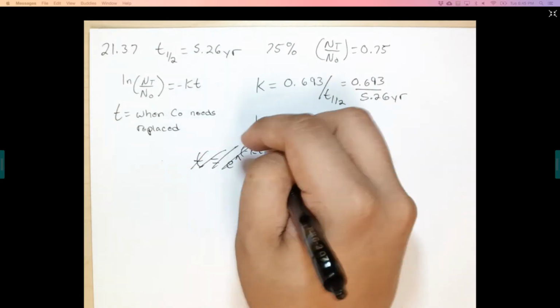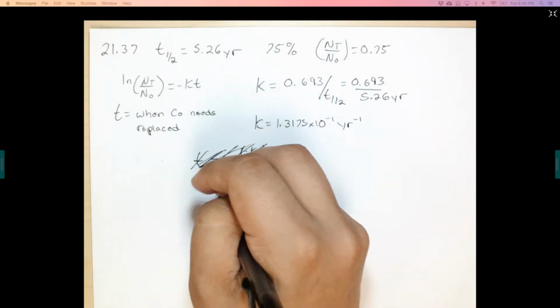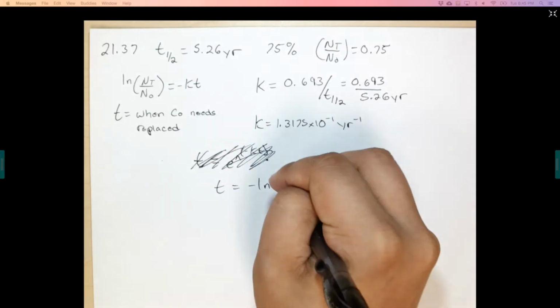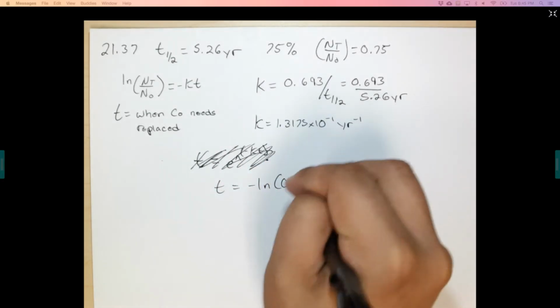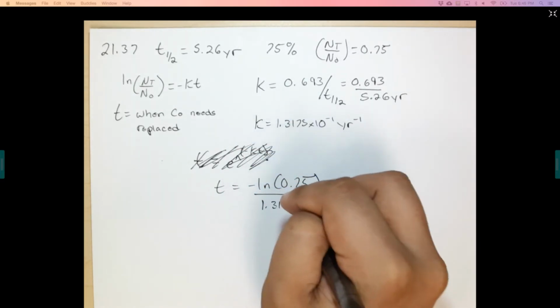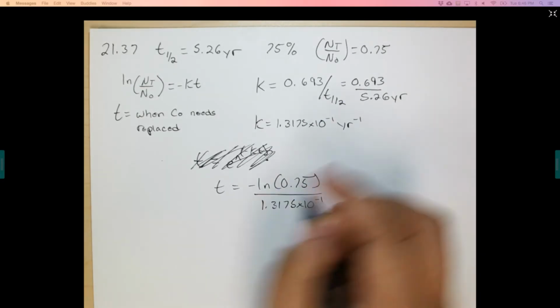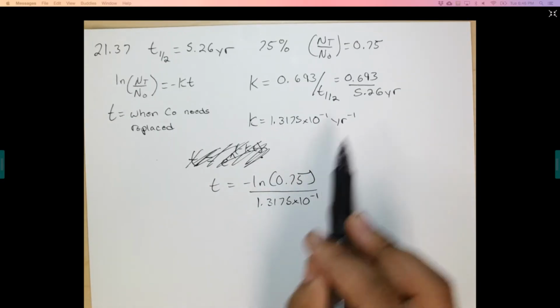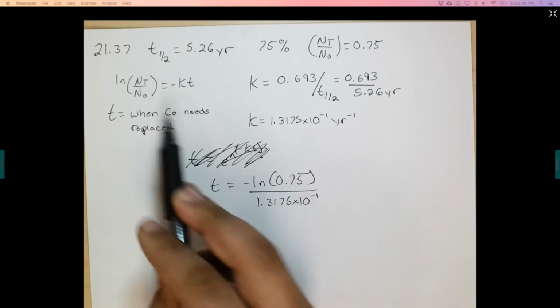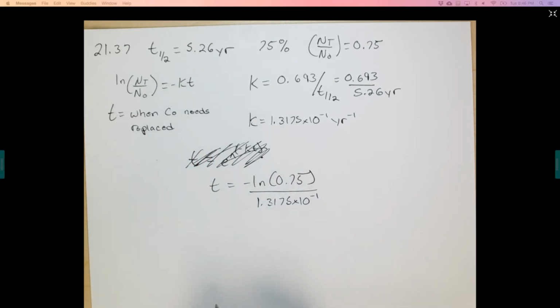Excuse me, I did the math wrong. t is equal to negative ln of 0.75 all over k, which is 1.3175 times 10 to the negative 1. Again, this is plugging in 0.75 and plugging in k. All I did was the mathematical manipulation of this here.